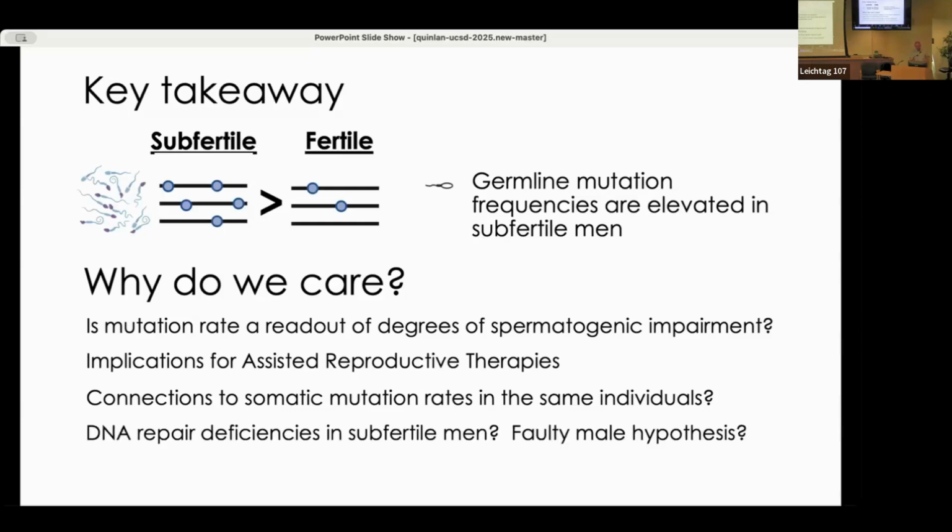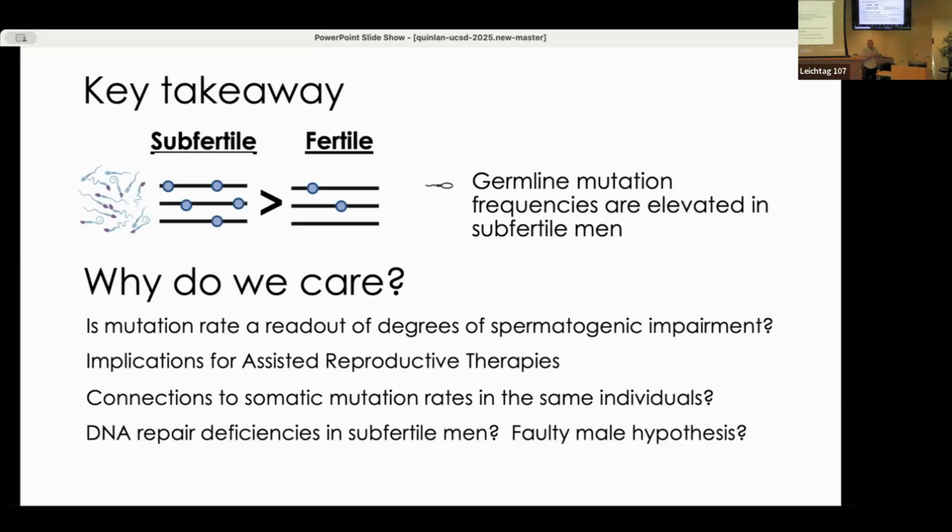And it raises the hypothesis that these men have DNA damage repair deficiencies, and this gets at some work that we did in the past with Molly Przeworski, and that Matt Hahn has recently published. I don't know if anyone's read it, but he has this really nice paper that he calls the faulty male hypothesis.